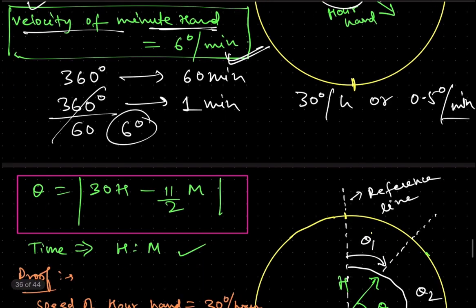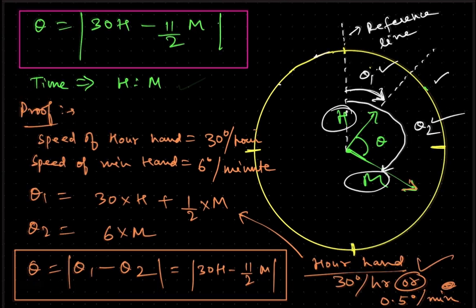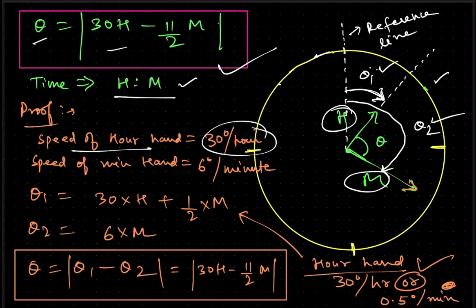Now let's derive our main formula that we will be using for solving our questions. Let's see how the derivation works. If time is given as h hour and m minute, we have already seen that the speed of the hour hand was 30 degrees per hour and the speed of the minute hand was 6 degrees per minute.